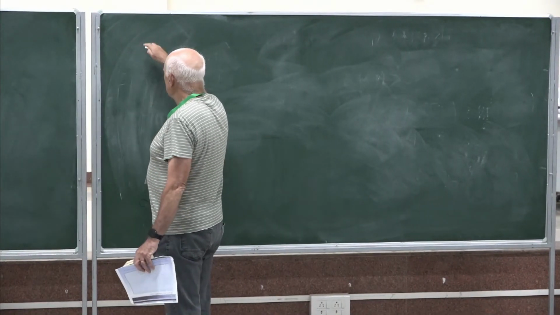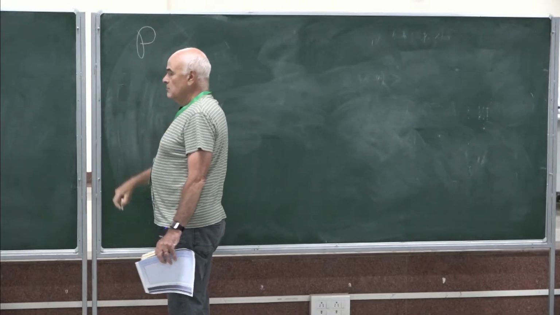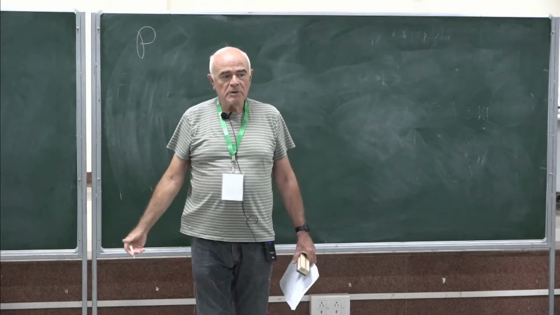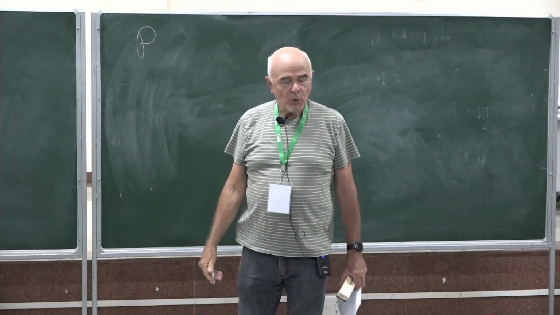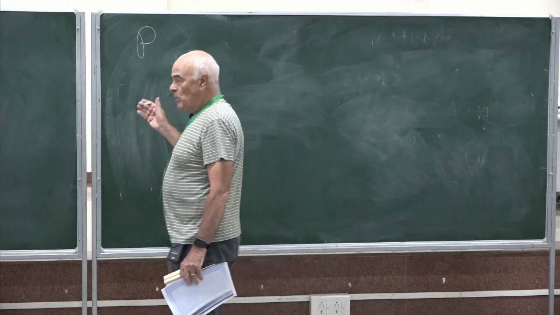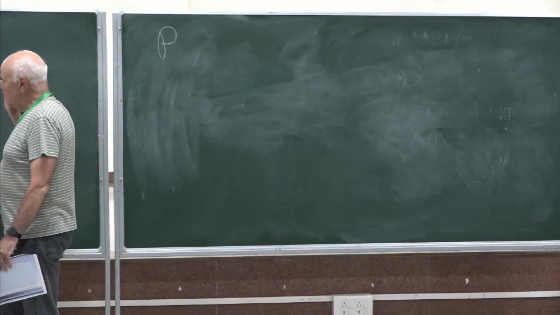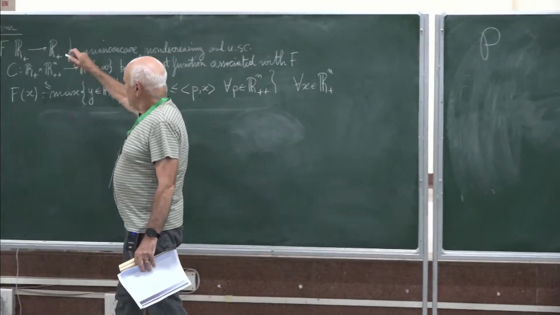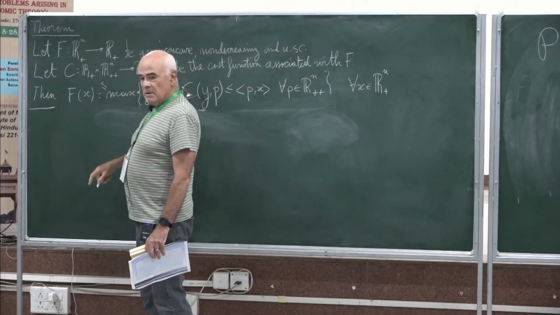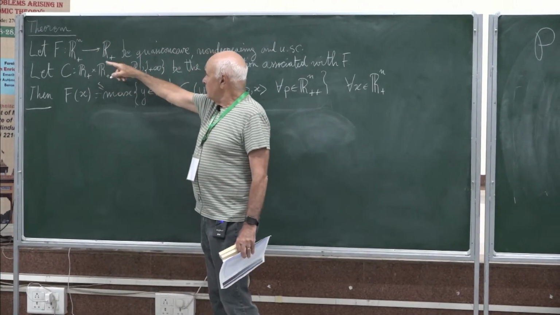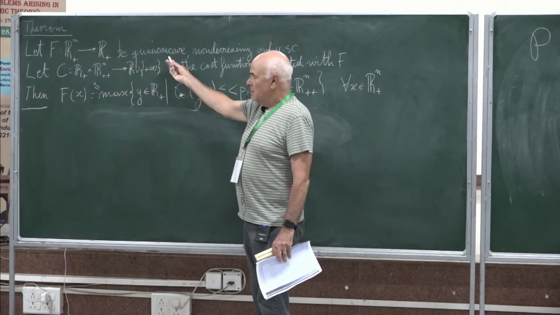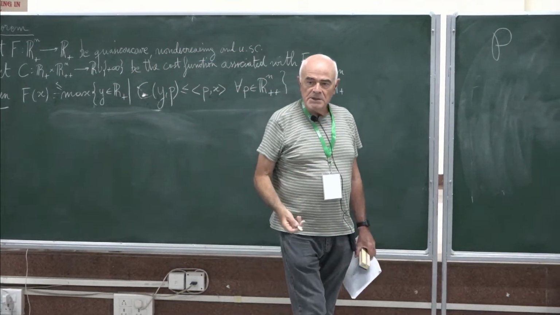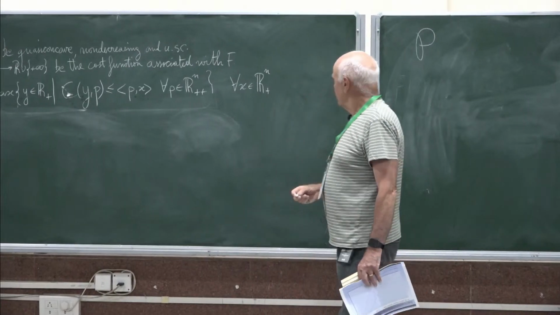One, let's call it calligraphic P, the class of regular production functions. By this I mean functions from R plus N into R plus that are quasi-concave, non-decreasing, and upper semi-continuous.